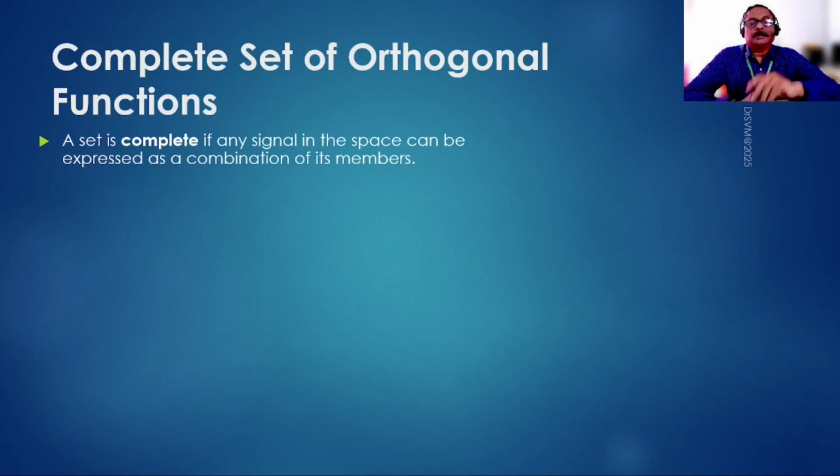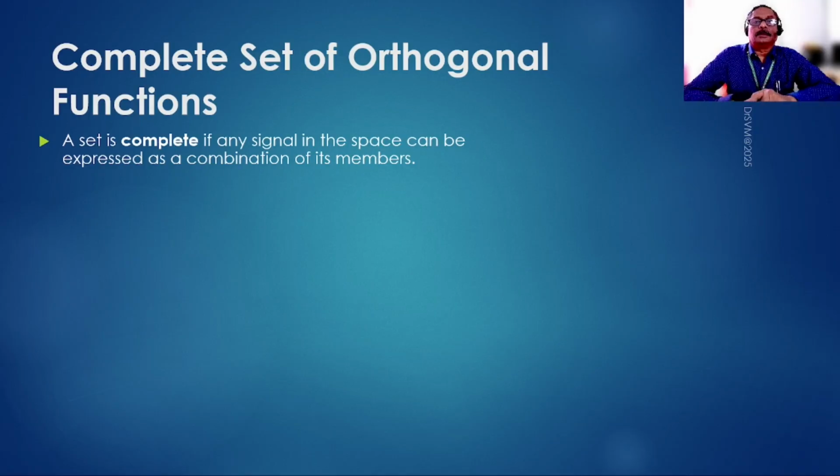We need all 3, only then can we accurately represent any point in this 3D space. It is not possible with 1 component or only 2 components; to represent a particular point exactly in a 3D space, we do require all 3 components.